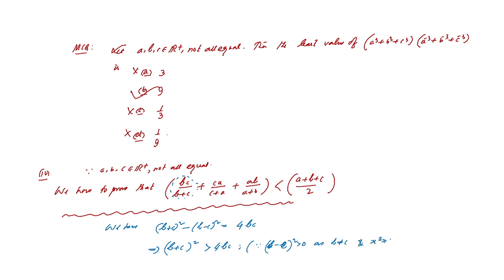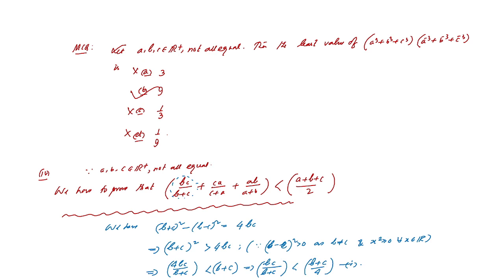And we know x square is always greater than or equal to 0 for all x belonging to R. So from this result, we can write 4BC by B plus C, this value is less than B plus C. So from that, BC by B plus C is less than B plus C by 4. This is 1.